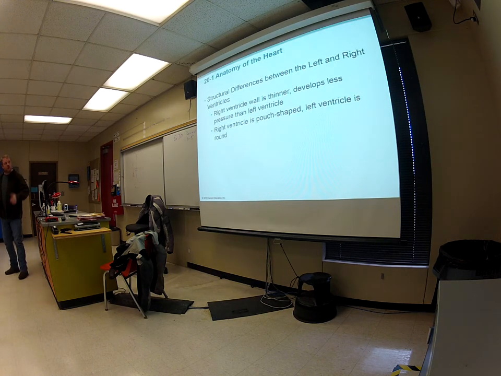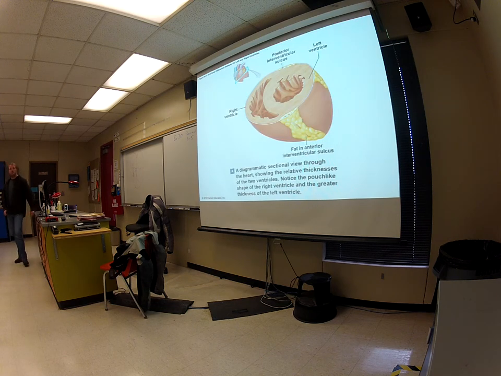Okay, structural differences between the left and right. Obviously there's a heck of a lot more myocardium on the left. The right ventricle wall is thinner and develops less pressure than the left ventricle. The right ventricle is pouch-shaped; the left ventricle is round. We're forcing a lot of blood out of the left.